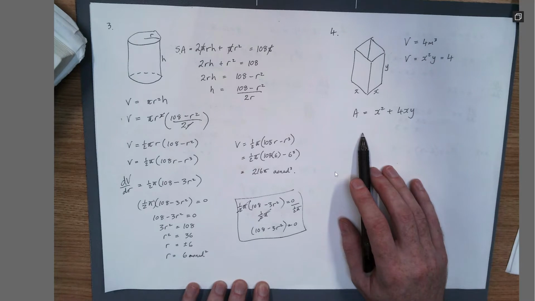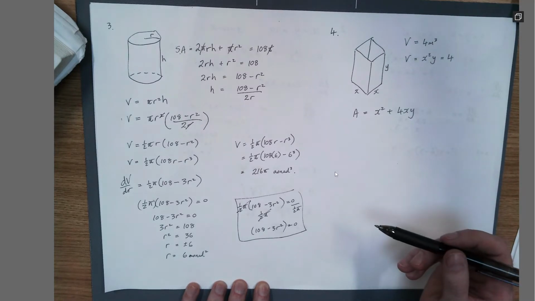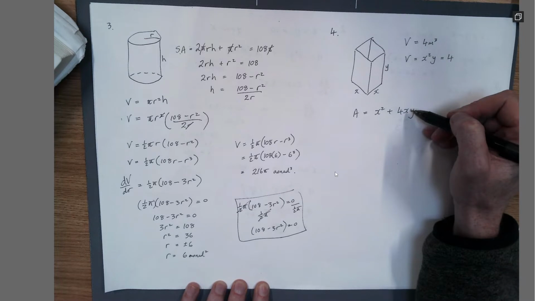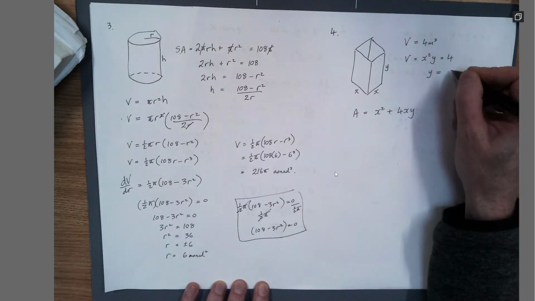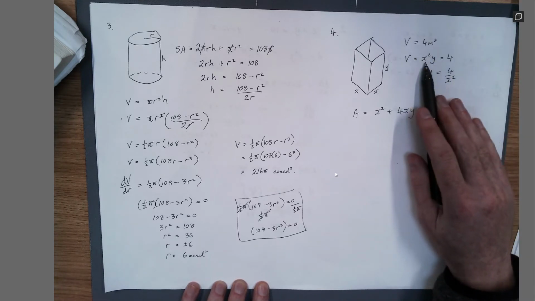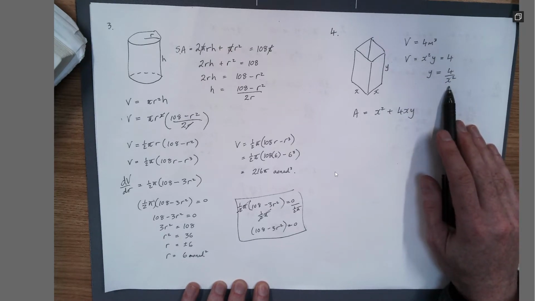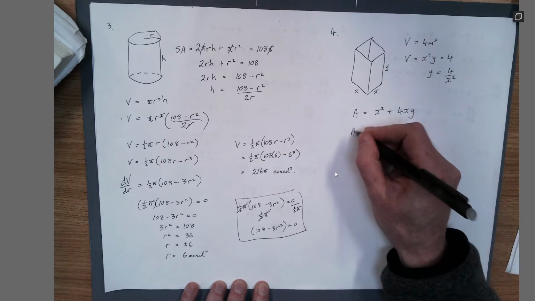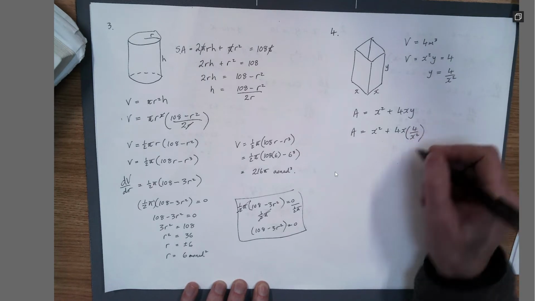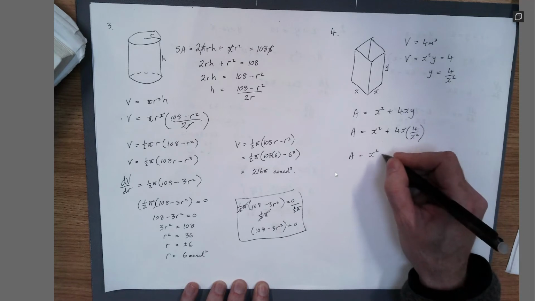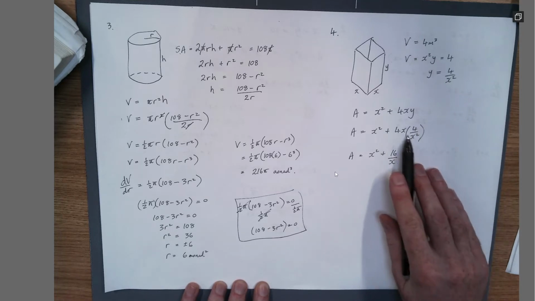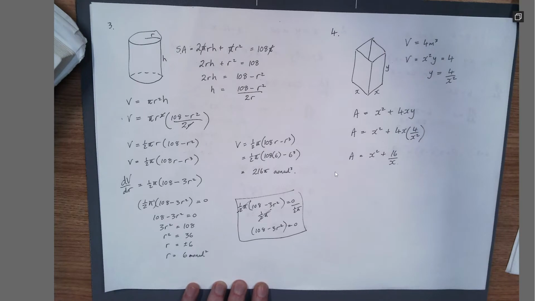In terms of x only, we differentiate A with respect to x. The derivative of x squared is 2x. From the volume, x squared y equals 4, so y equals 4 over x squared. Substituting y into A: A equals x squared plus 4x times 4 over x squared, so A equals x squared plus 16 over x.